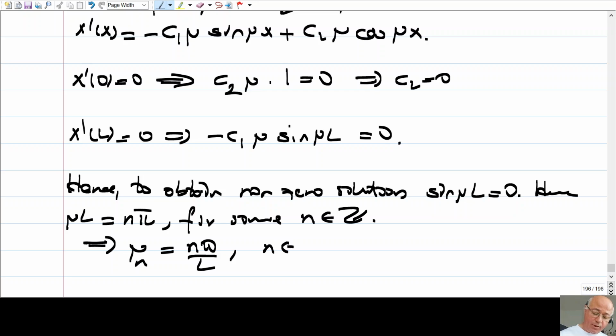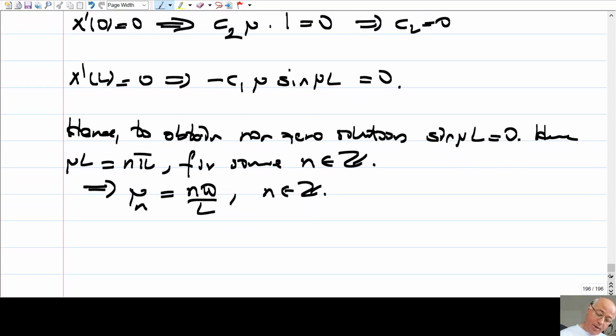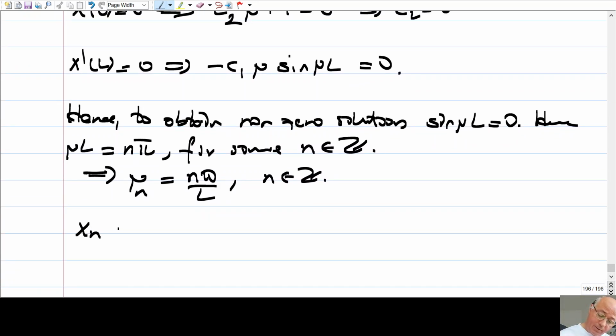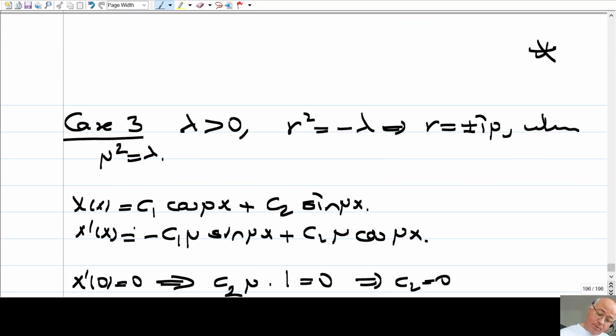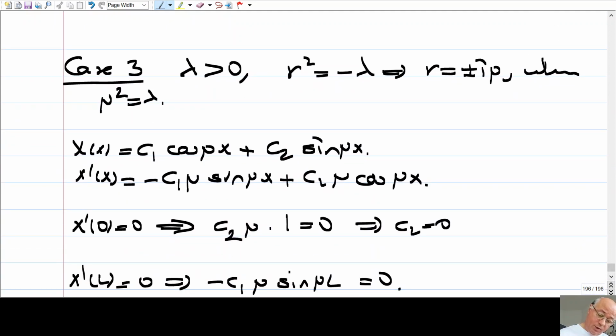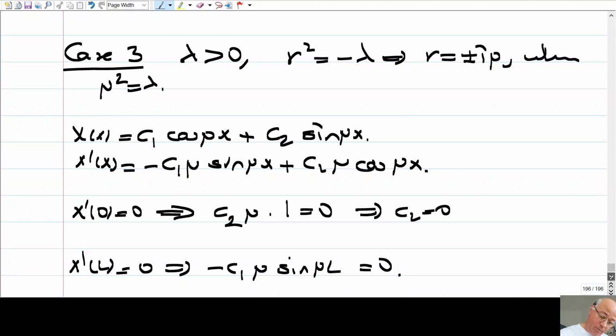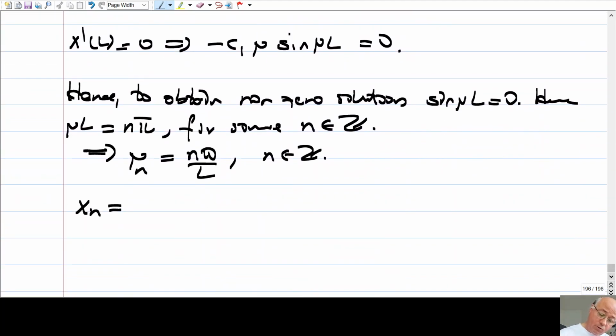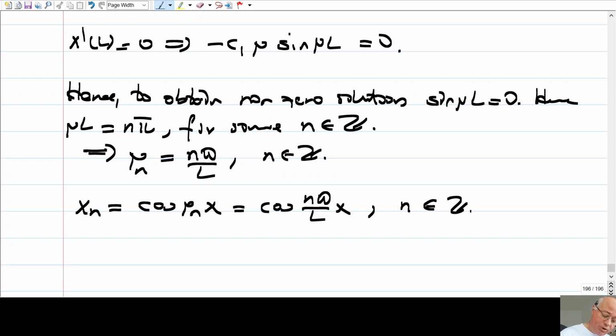So let me write it this way again. Therefore X_n is just C1, C2 is 0, so I have cosine terms. These are just cosine mu_n x. Therefore, this is just cosine n pi x over L, where n is an integer.